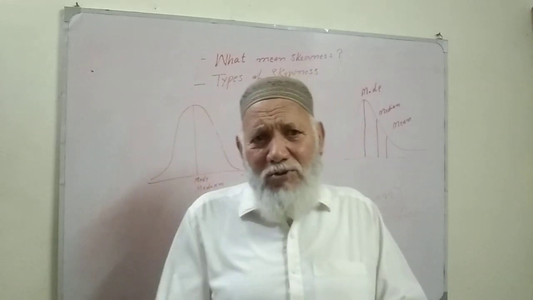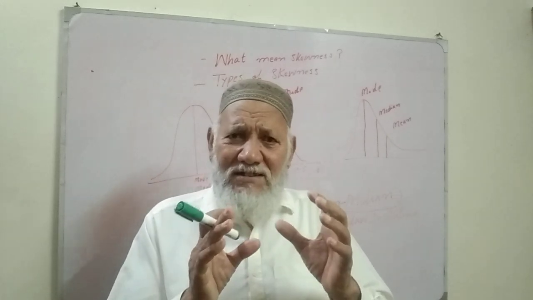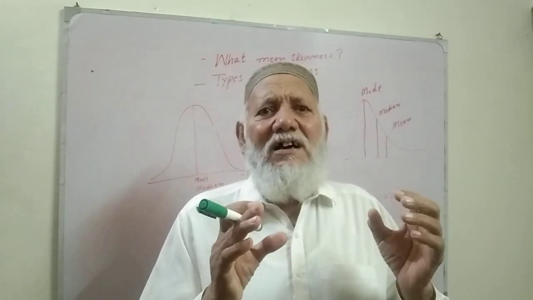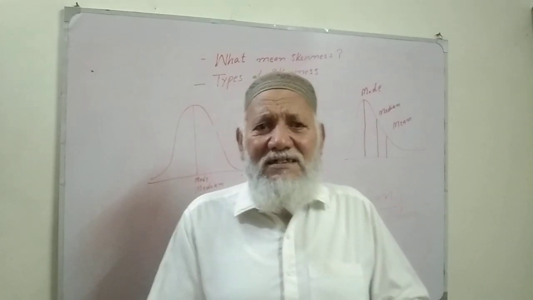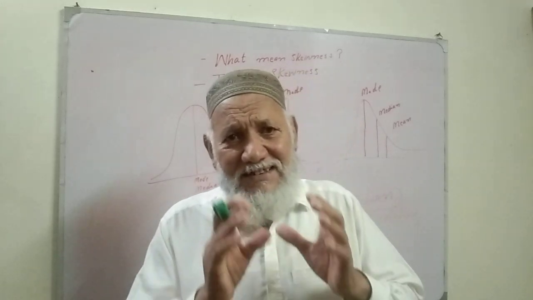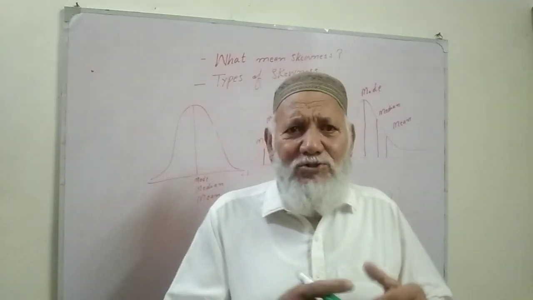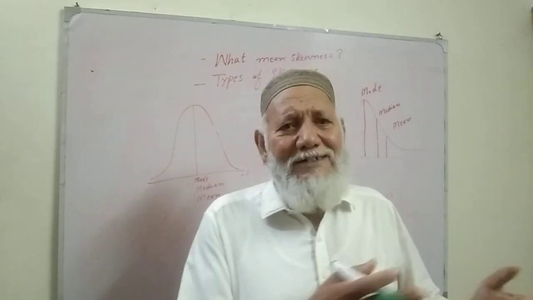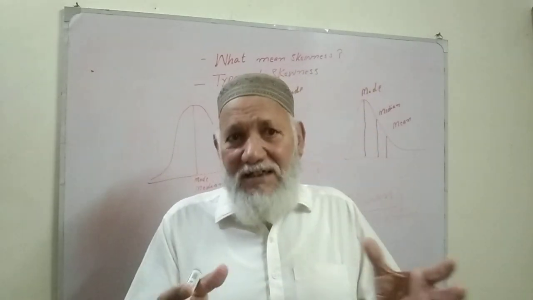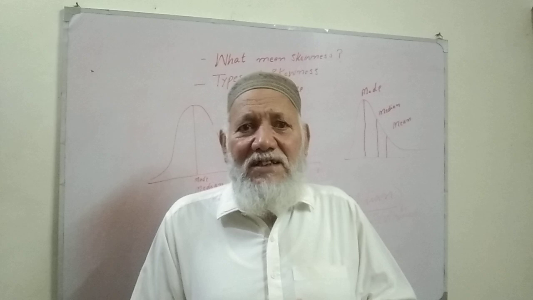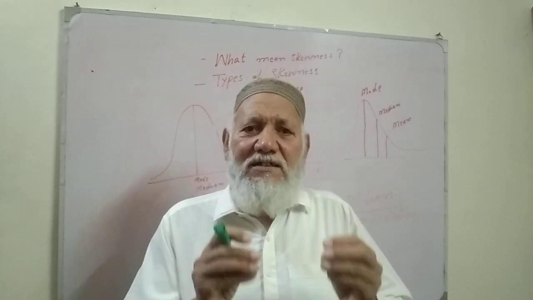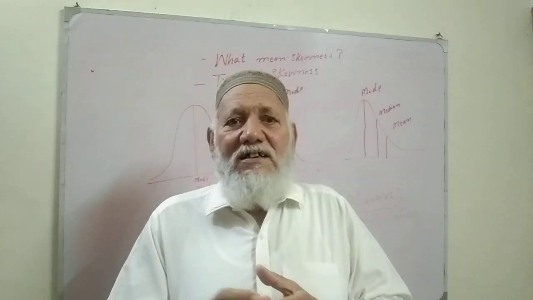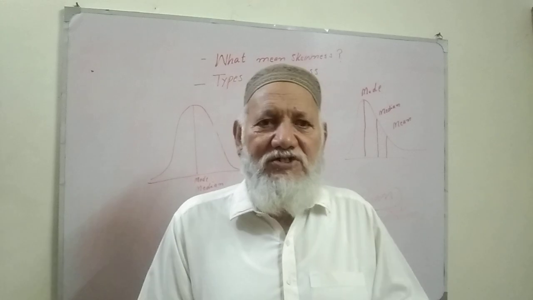So now you are clear what skewness is. Skewness measures the symmetrical distribution of the data. If the data is asymmetric, it will be skewed to the left side or the right side, and sometimes there will be no skewness. If the skewness is 0, the data will be symmetrically distributed.